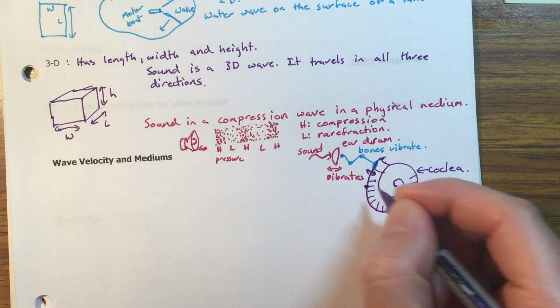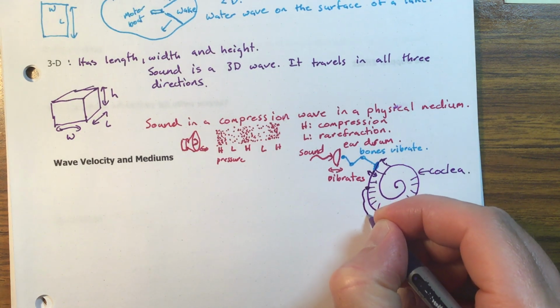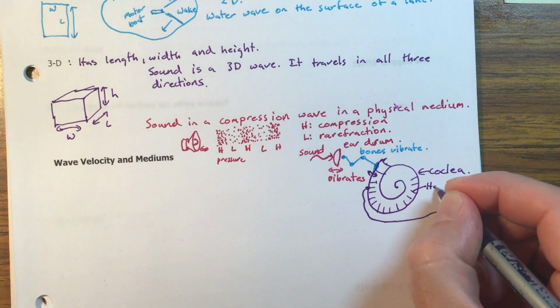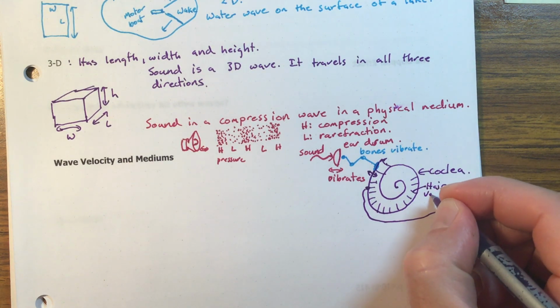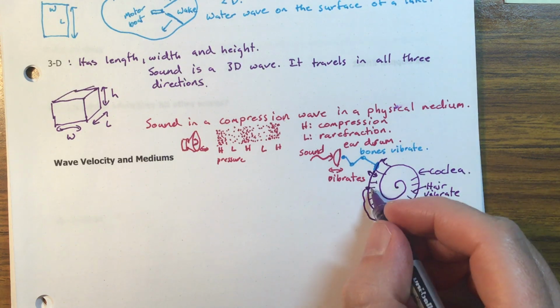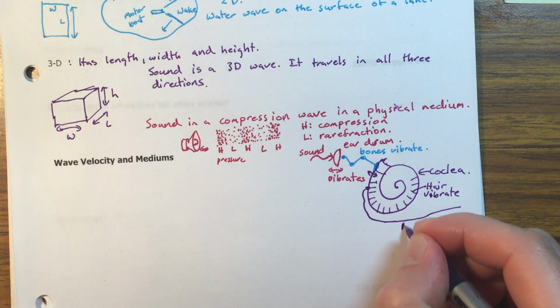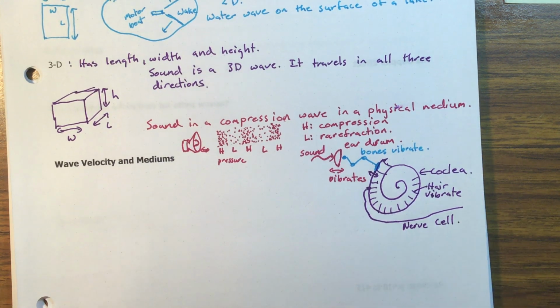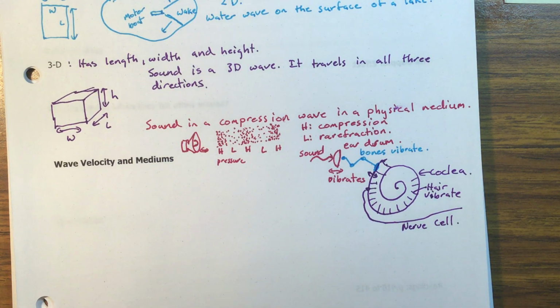The hairs are attached to nerve cells. So we've got these little hairs, and these hairs vibrate. And when the hair vibrates, it triggers the nerve cell. And the nerve cell sends a signal to the brain that these hairs are vibrating.